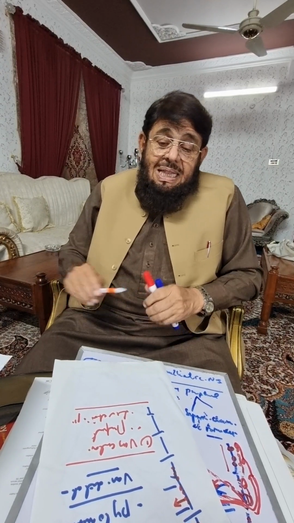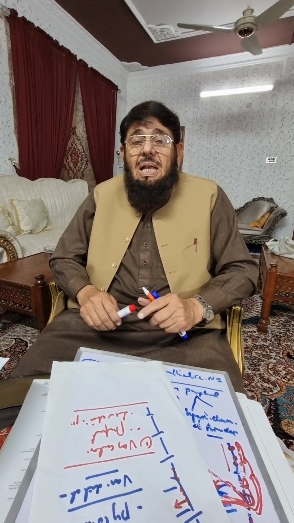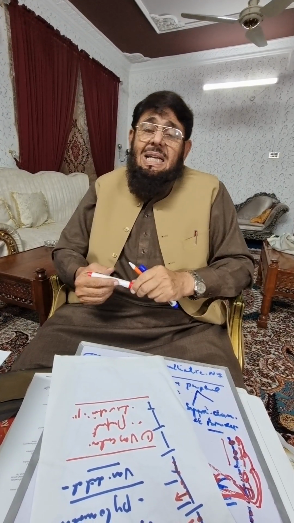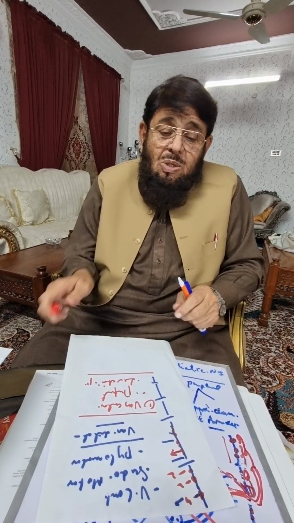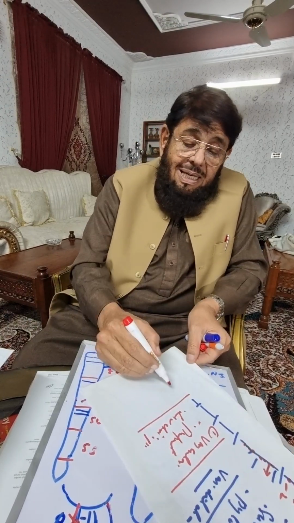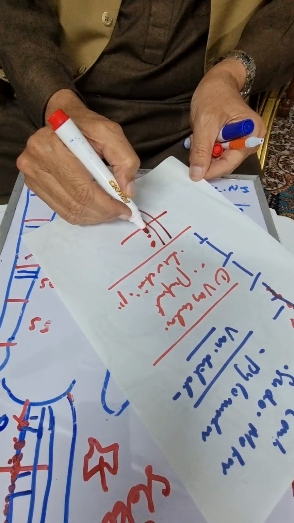Okay, then the other branches. One branch is given to the spinal nerves, and other branches of the sympathetic chain are the vascular branches. Look, this is the sympathetic chain, the upper cervical region.